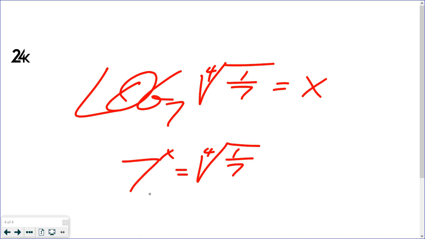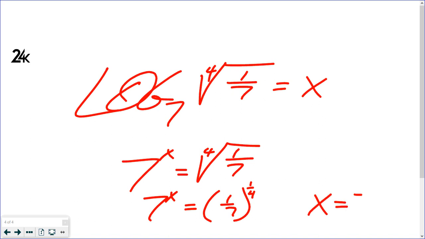There's a 7 there, so I'm going to keep this side alone, and I'm going to call this 1/7 to the 1/4. Now the 7's on the bottom, which means that it's got to be negative. So x would have to be -1/4. Look at that. That was silly. Okay, so let that one sink in for a little bit.